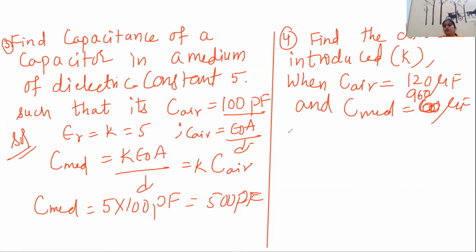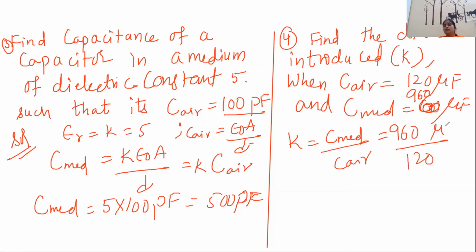Now let us solve it. The dielectric constant formula is C in medium by C in air, so 960 by 120. Here also microfarad is there, and here also microfarad is there. The dielectric constant is dimensionless, no?